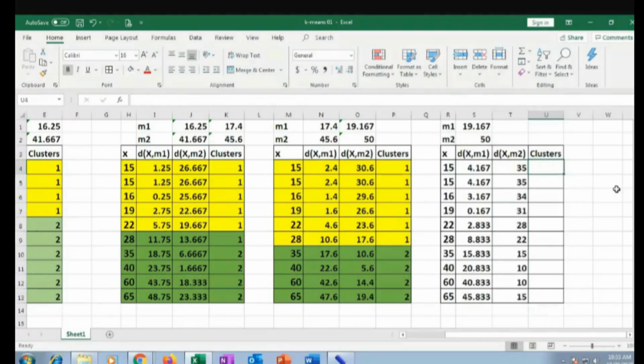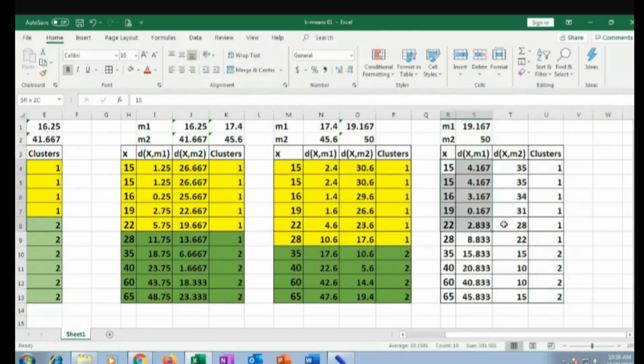Look at this: 4 is less than 35, so it is 1. 4 is less than 35, 1. 3 is less than 35, 1. 0 is less than 31, so it is 1. 2 is less than 28, 1. 8 is less than 22, still 1. Now 15.8 and 15, so this will be 2. 20.8 and 10, so this will be 2. This will be 2, this will be 2.